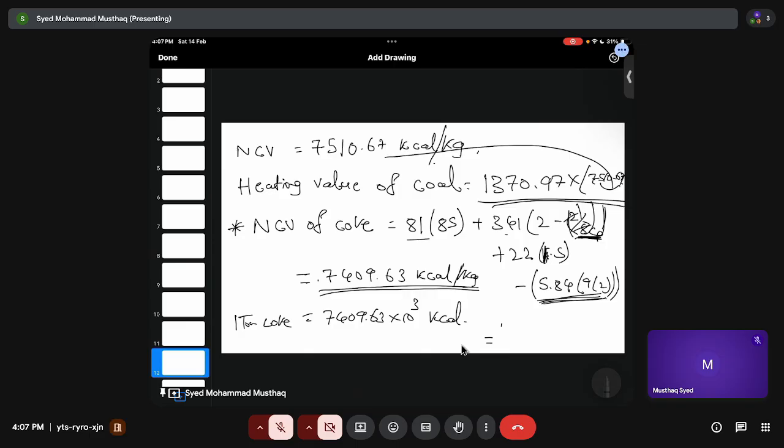Let's say this is y. 740963 divided by this y value will give me 70.31%. Before, the equation was slightly different because we were taking approximate values, so that's why we got a different value from the slide. For this value it is the same because we followed the same relation.